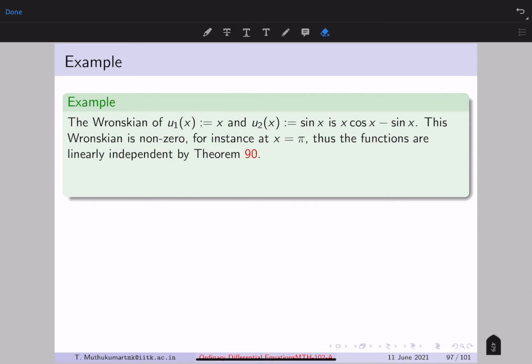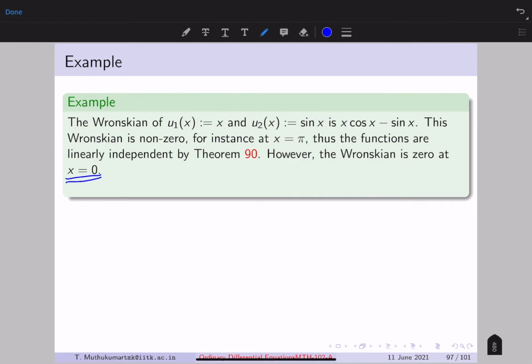This is from the first theorem that we proved: if the Wronskian is non-zero at some point, then the functions are linearly independent. So x and sine x are linearly independent. Okay. However, the Wronskian is 0 at x equal to 0.